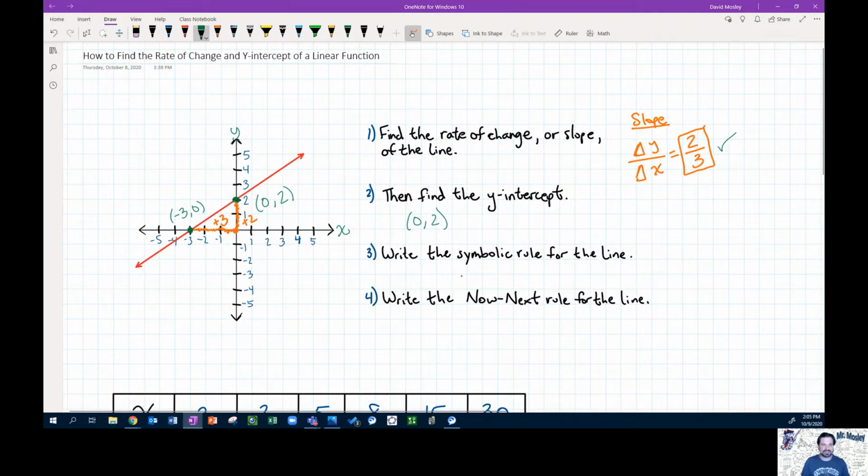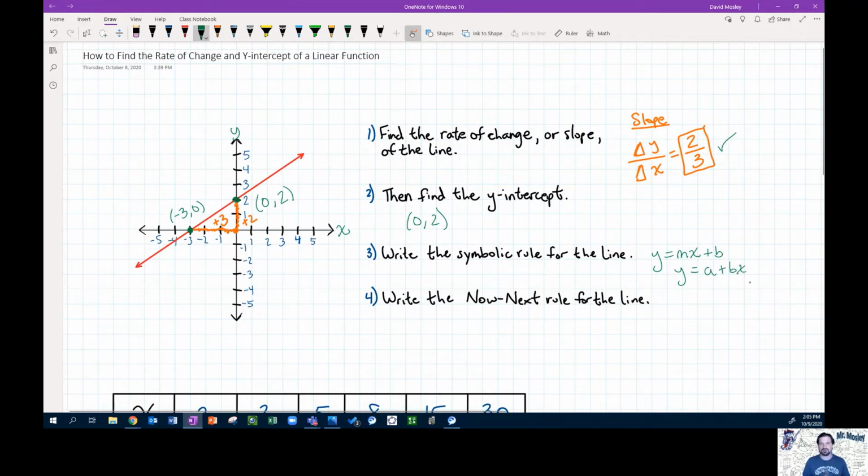Then we need to write the symbolic rule for the line. Remember, the symbolic rule we're using right now is what could be called slope-intercept form, and it has the form y equals mx plus b. You can also write it as y equals a plus bx.